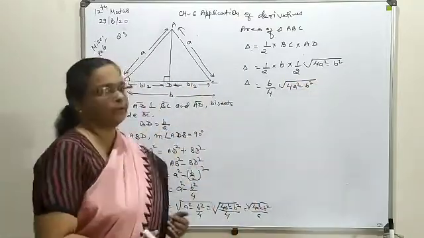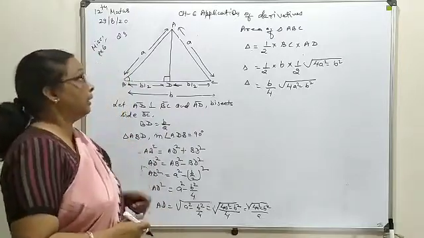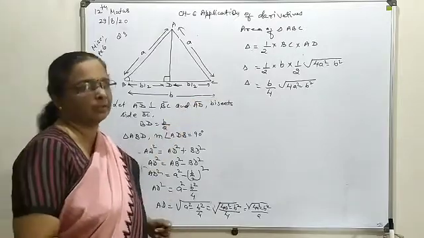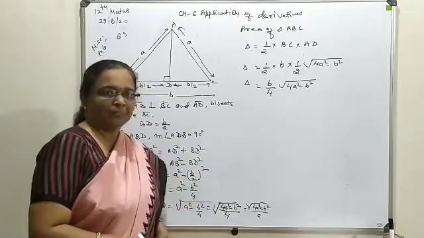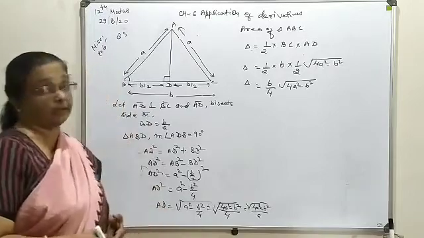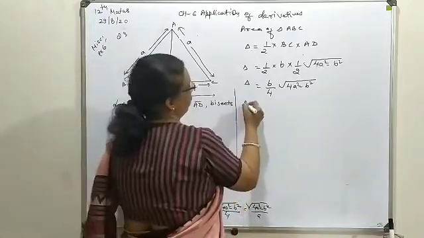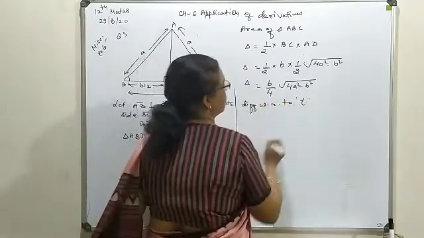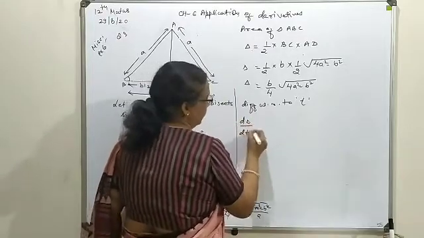Now here we have to find the rate of change of area when a decrease in the side is given. Here B is a constant quantity. So we will differentiate both sides with respect to time. Only then can we find the rate of change. So differentiate with respect to t. This is d delta upon dt.